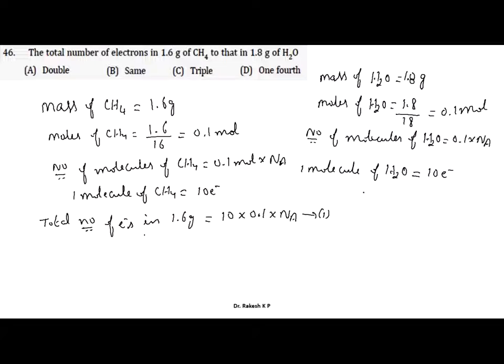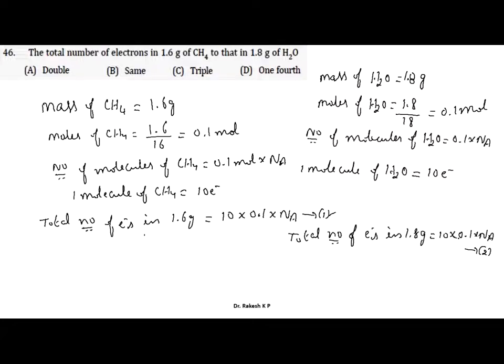Now the total number of electrons in 1.8 gram is 10 into 0.1 into Na. This will be equation 2.